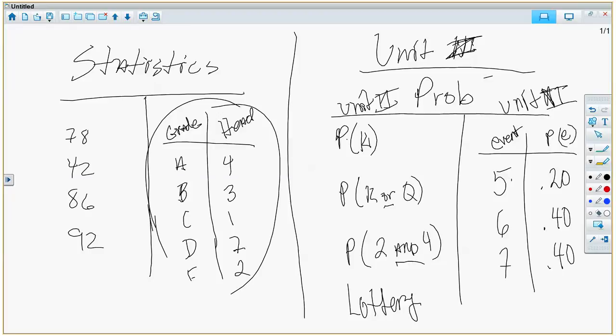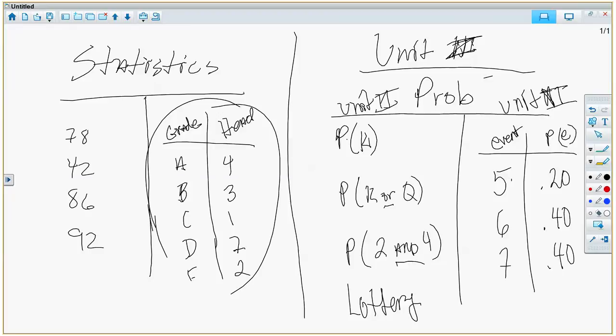Now, I want you just to make the correlation. Basic statistics that you did back in the 7th, 8th grade, figuring up your grade in whatever subject. Take your test grade, divide by blah, blah, blah. We talked about standard deviation. Then, something you haven't seen before, getting the mean and the standard deviation.